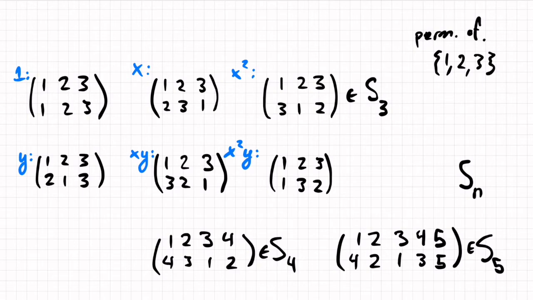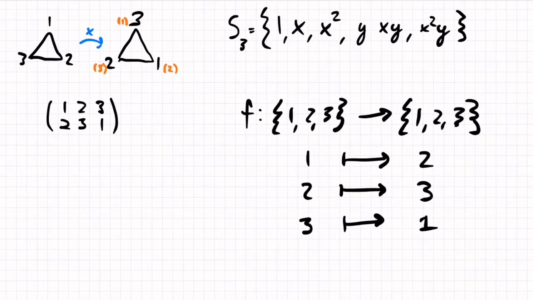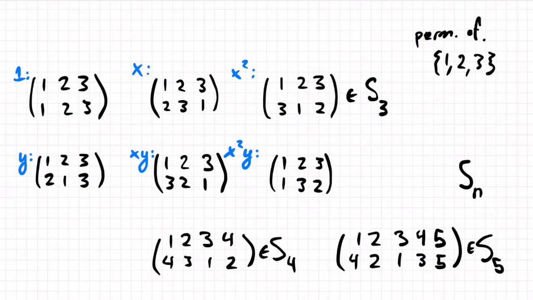Now, as you can imagine, our notation back here with this function really spelling everything out is very verbose. This matrix notation is a little bit less verbose, but still, if I were talking about something in S100, this matrix would be a little bit hard to draw.